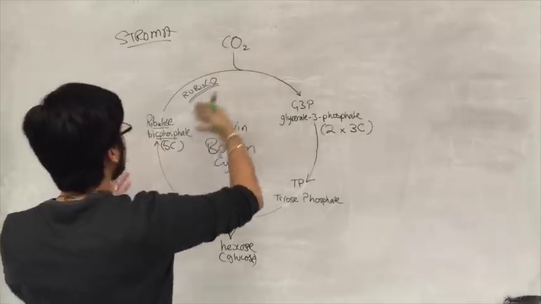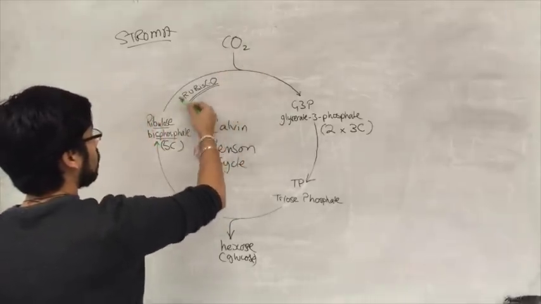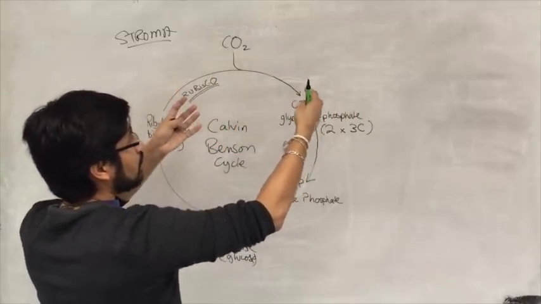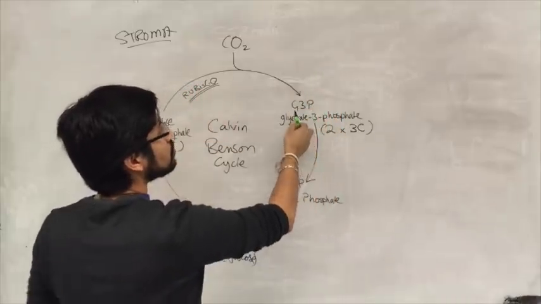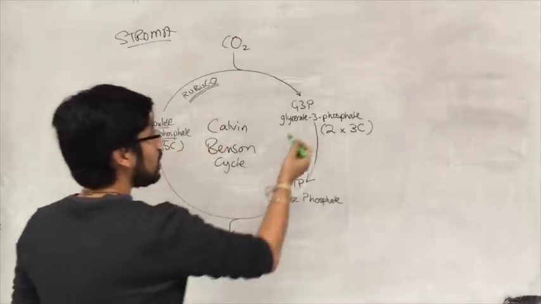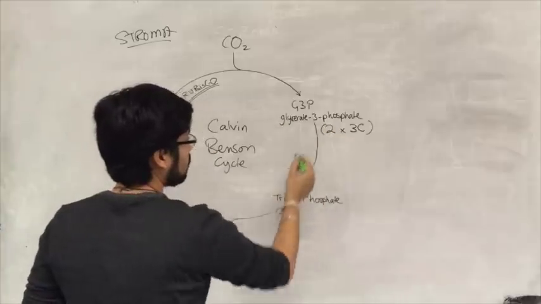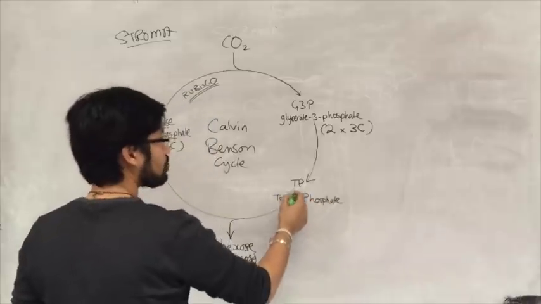So, carbon dioxide is combined with ribulose bisphosphate by this enzyme. What that enzyme does is combine those two and make essentially a 6 carbon molecule, which is then converted into 2 3 carbon molecules. Now that glycerate 3-phosphate is then converted to triose phosphate.